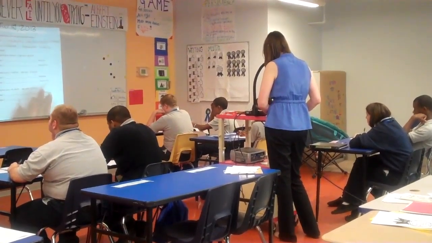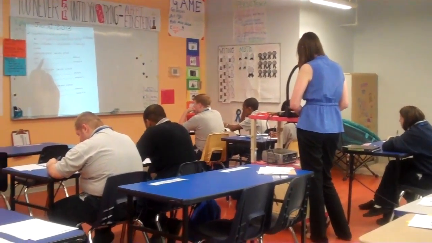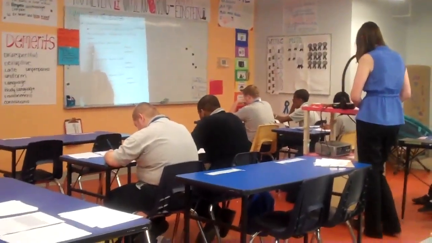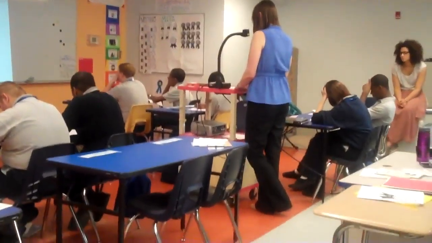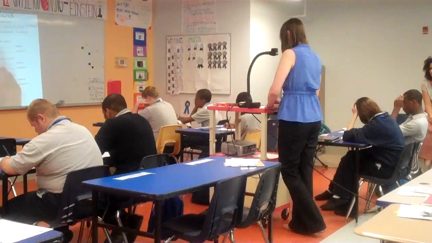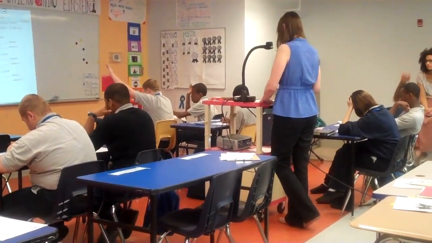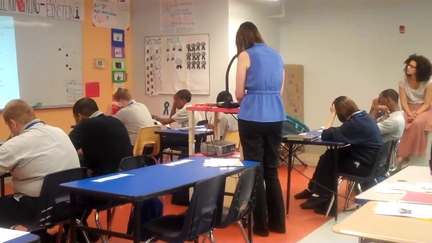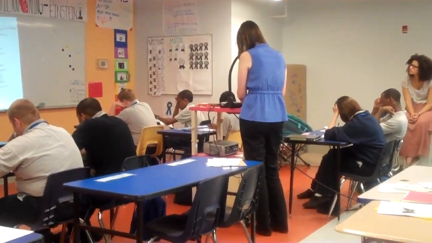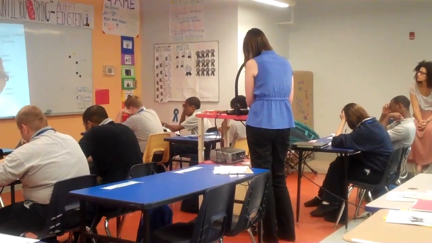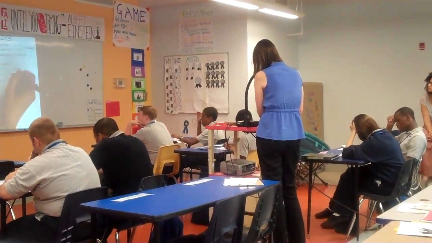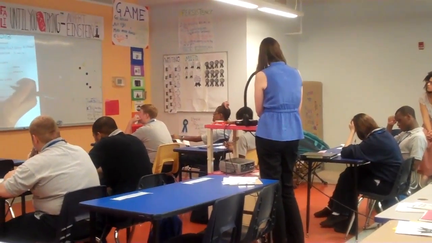So let's try it together before you move on to your independent work. We're going to do a couple of practice rounds. Something's original price is $200 and the sale price is $150. Who's going to walk me through this one? Jamal? $200 minus $150. Exactly. Why did you pick those two numbers, Jamal?